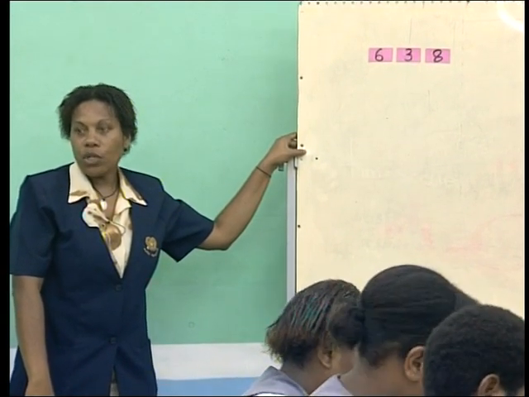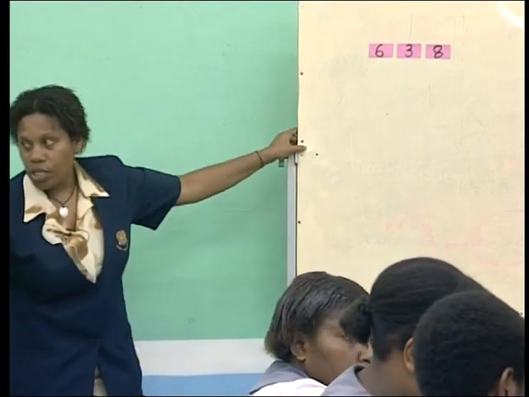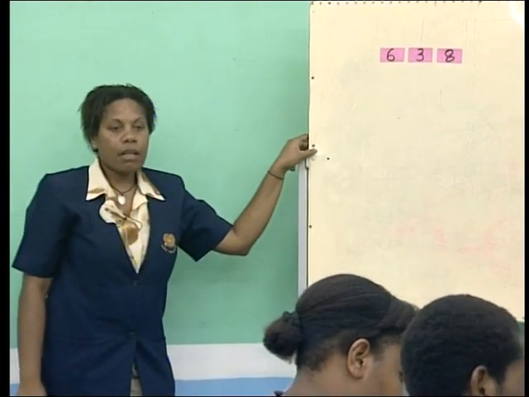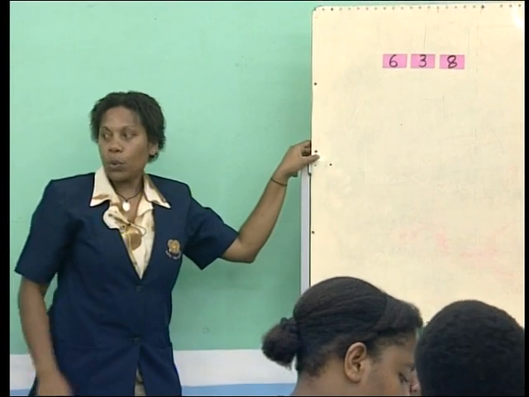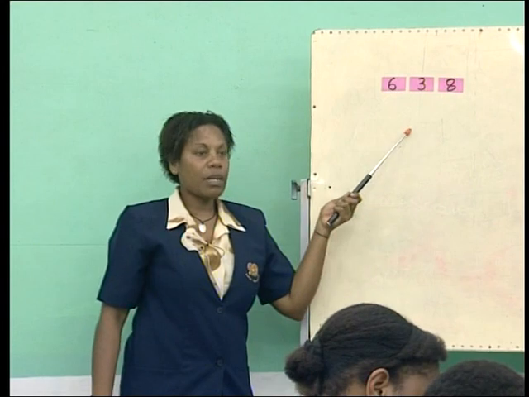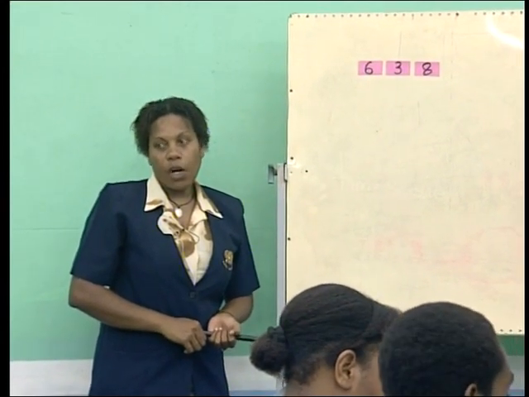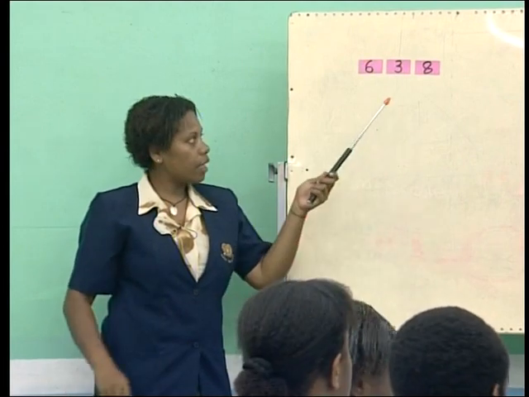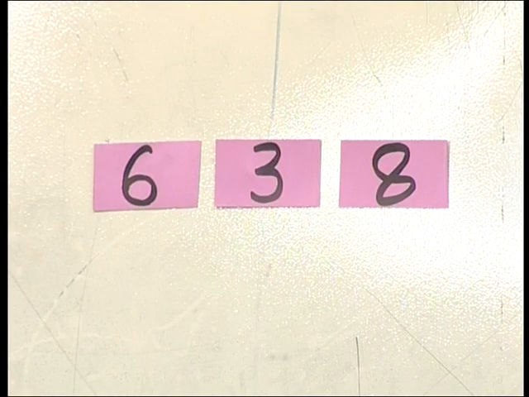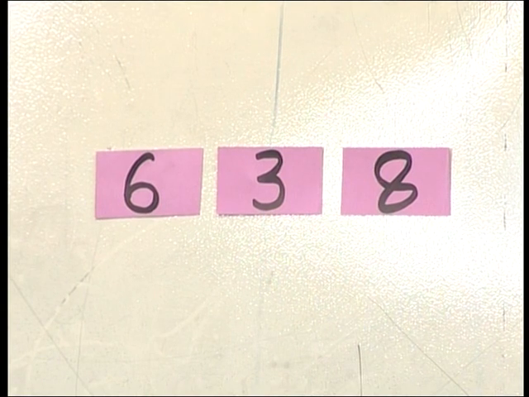Now here we're going to make a tower total out of these three numbers, 6, 3, and 8. A tower total means that you are going to add these numbers to come up with a total. All right, who can tell me what will go below 6 and 3, receiving students?